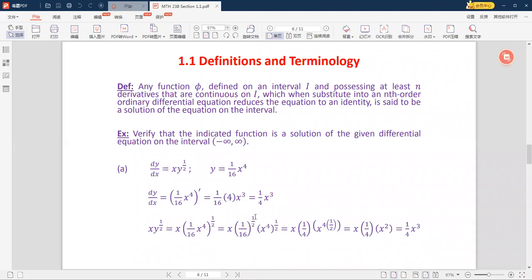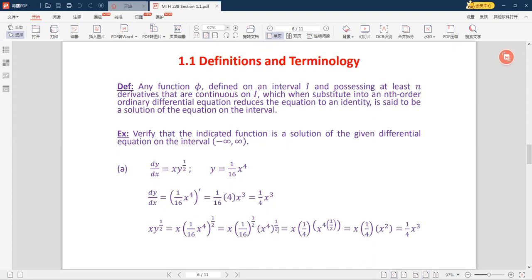The 1/2 power is the square root, remember? So 1 over 16, take the square root, you get 1 over 4. You just take the square root of 1 and 16 separately, so you get a 1 over 4. The square root of 16 is 4 in the denominator.